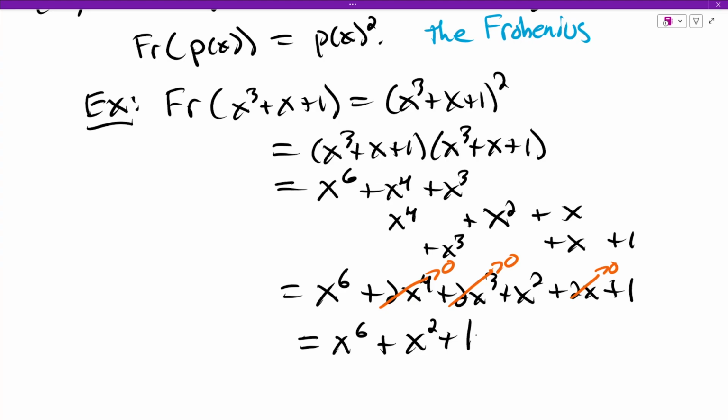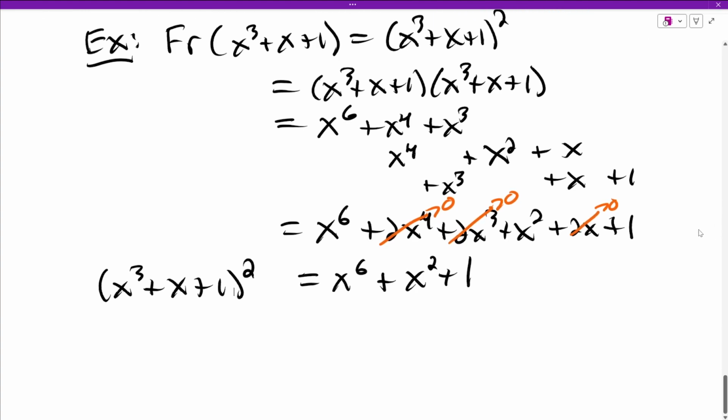Now, that's a little bit weird, right? It's very odd. In particular, let me just write down what we computed. We computed x cubed plus x plus 1 squared. And what ended up happening is, these were equal. We saw that. And this is the result of our just sitting there and doing the algebra.